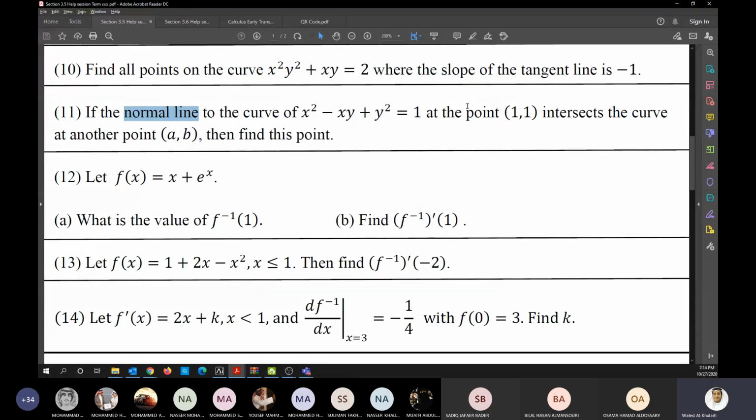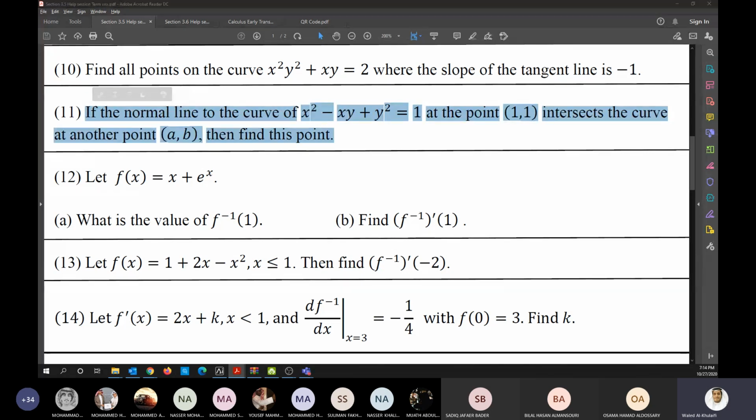And with the derivative, you can find the equation of the normal line, but he told you that this normal line intersects this curve at another point AB. So that means you can substitute y in this equation, and you will find another x other than 1, 1, and you will find that other point. Should I leave it for you, Shabab, or can you do it? Can you please solve it, Mr.?